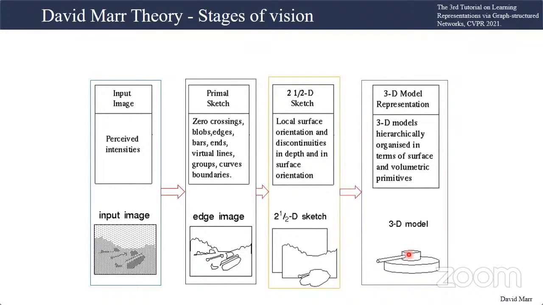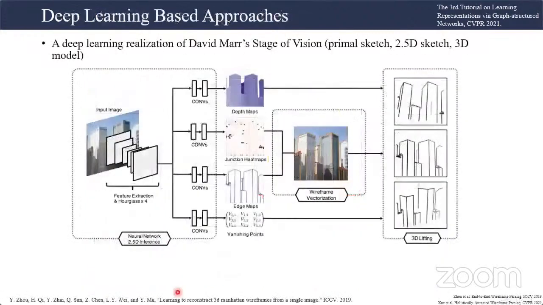This pipeline by Marr is intuitive and has inspired many works in computer vision. However, a major limitation in this pipeline is that the system requires near perfect solution in every stage, which is hard to achieve in practice.